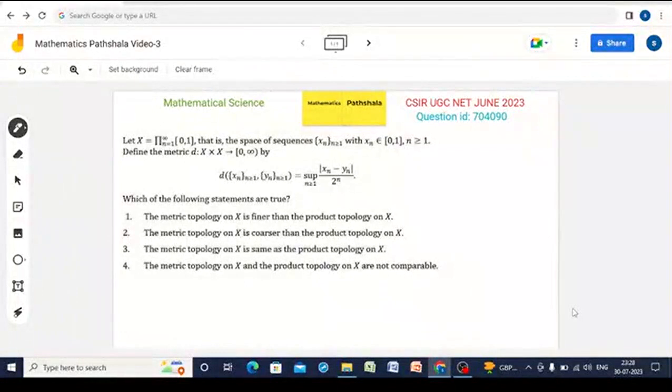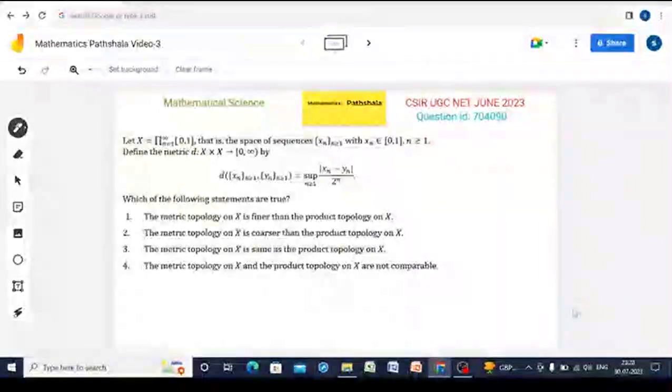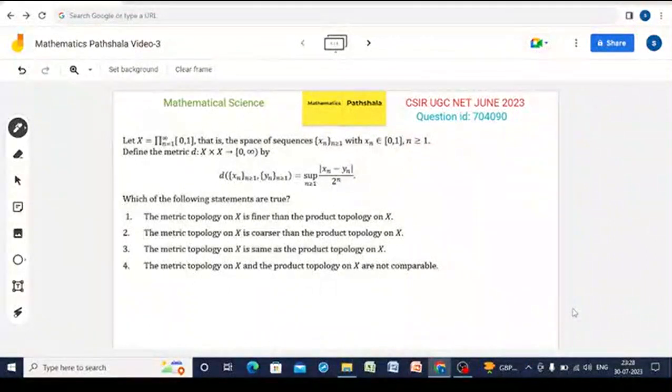And this is another problem of topology. See the question here. X equals the product for n equal to 1 to infinity of 0 1, that is the space of sequences xn with xn belonging to 0 1, n greater than or equal to 1, and the metric D from X cross X to 0 infinity is defined by this sup metric.